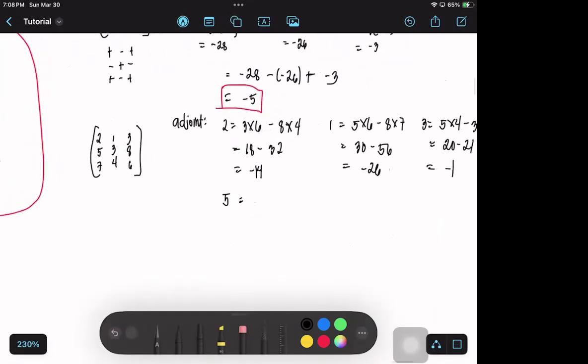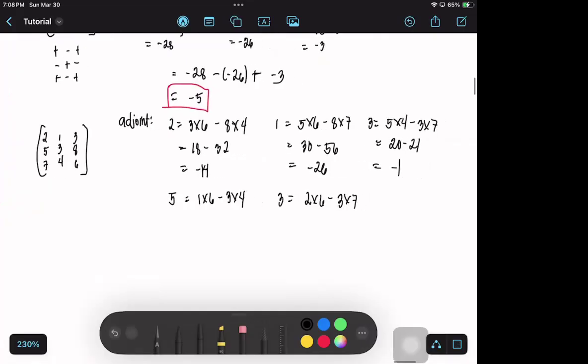For the 5, it is 1 times 6 minus 3 times 4. Then for 3, that is 2 times 6 minus 3 times 7. Then for the 8, that is 2 times 4 minus 1 times 7.